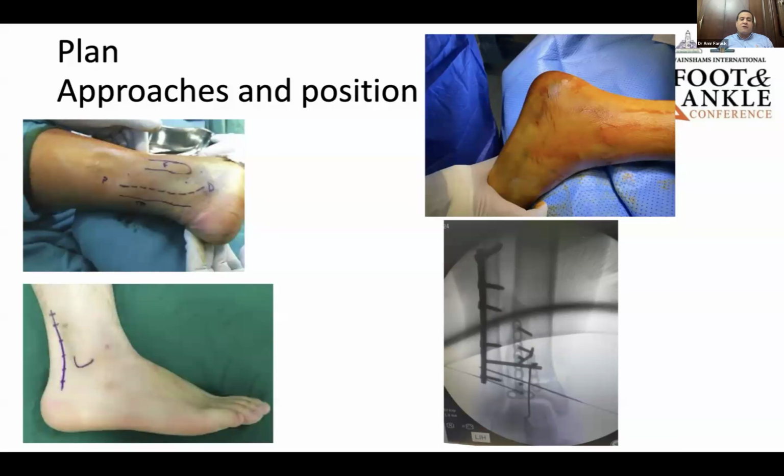But of course, after this, I have to do another approach in order to reach the anterior and the medial part of the fractured tibia. So I am going to use dual approach, as Dr. Abdullah said, starting with the posterolateral approach and then an anteromedial approach.